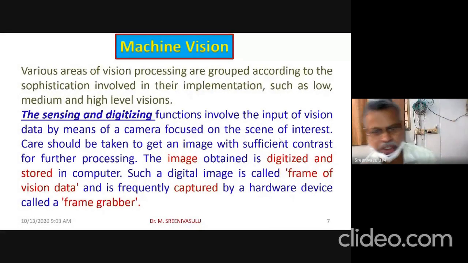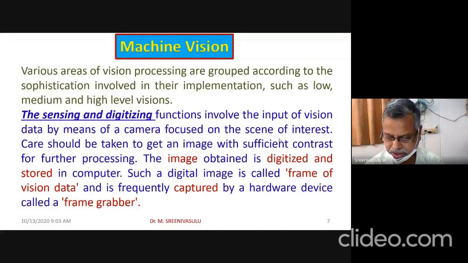The sensing and digitizing function takes the image or data with the support of a camera, pertaining to a scene of interest, and it should have sufficient contrast for further processing.